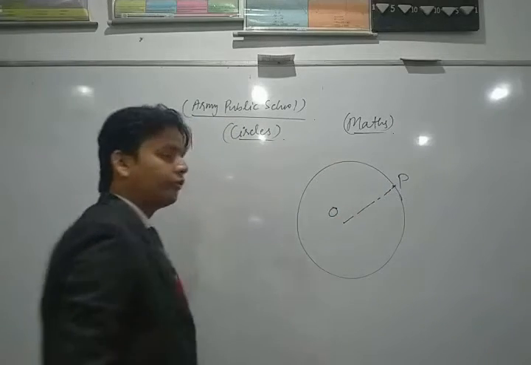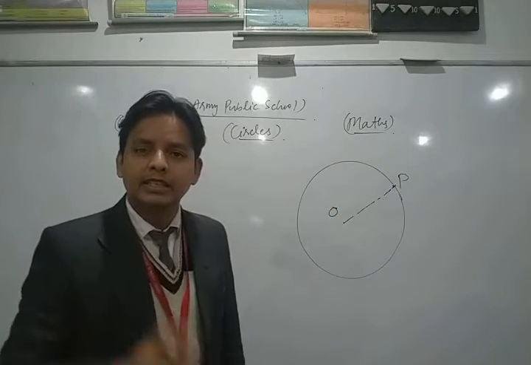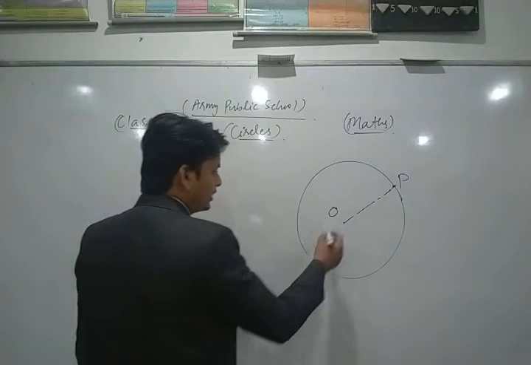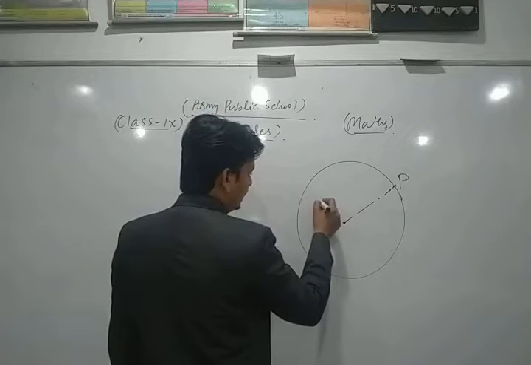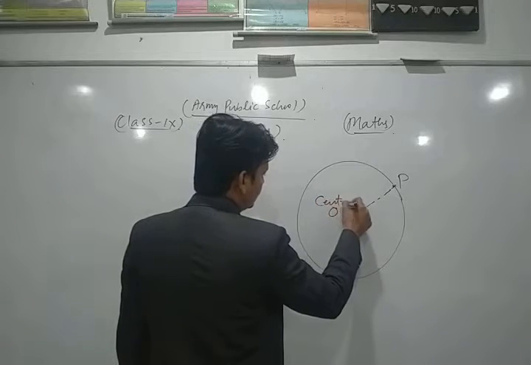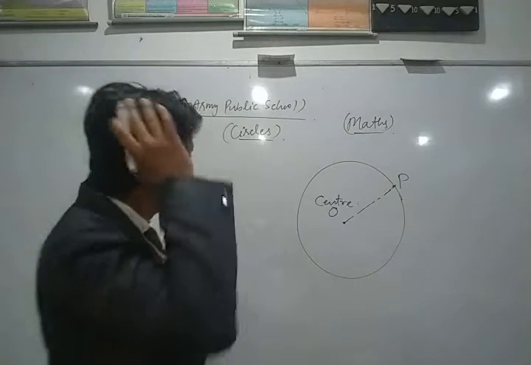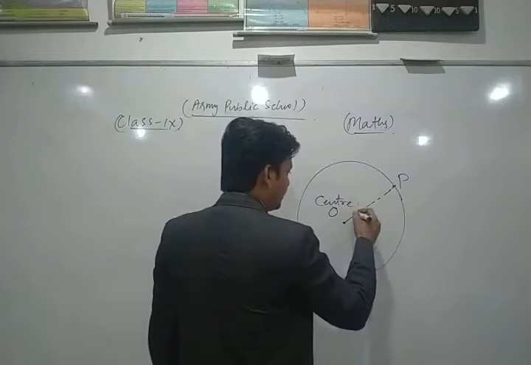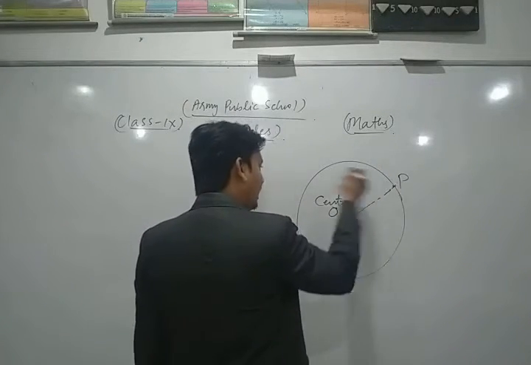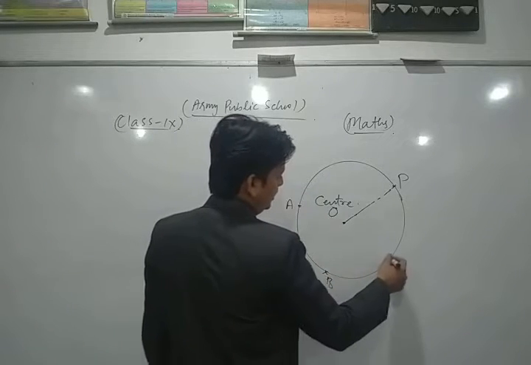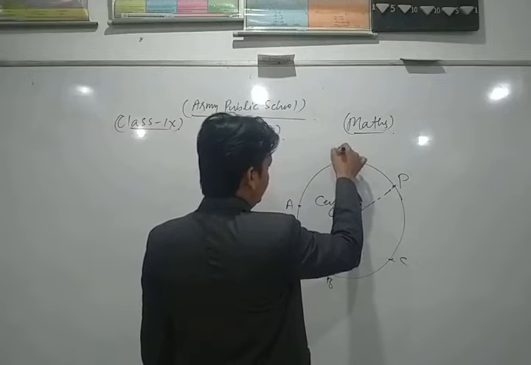Then the path of the moving point P is called a circle, and that fixed point is called the center of the circle. And that constant distance is from the center to any point on the circle like A, B, C, P, Q.